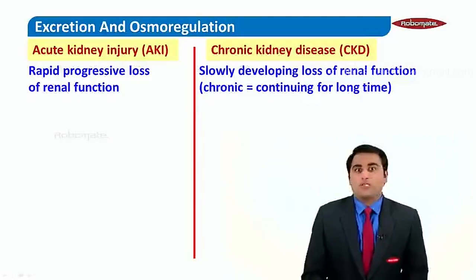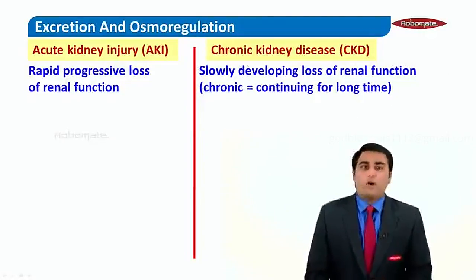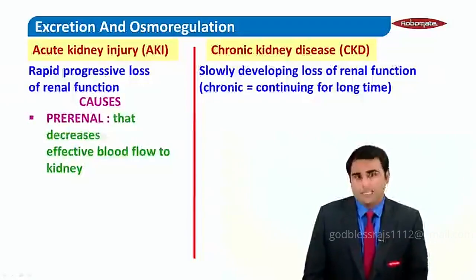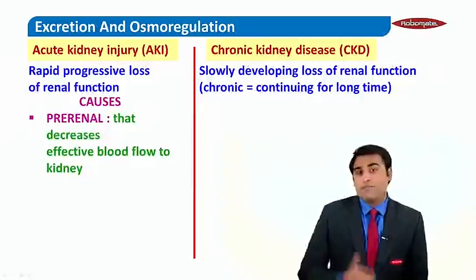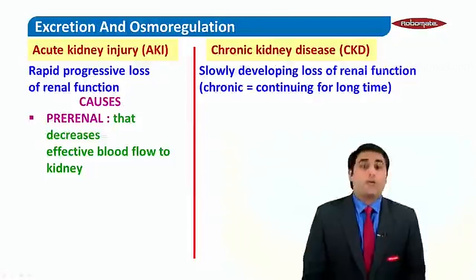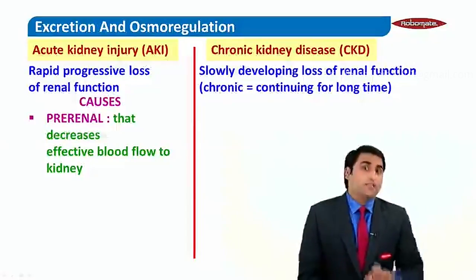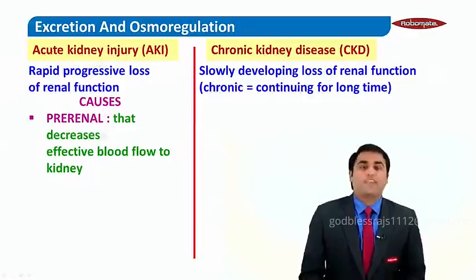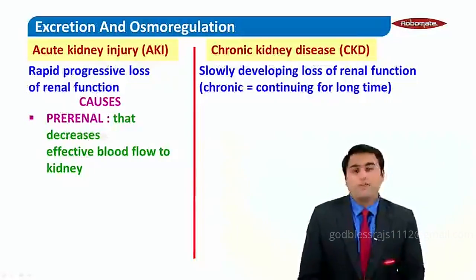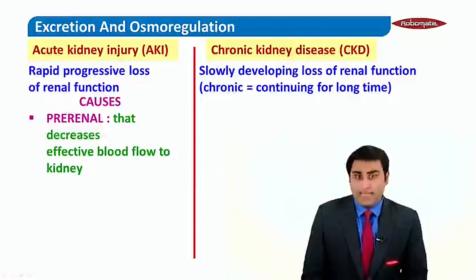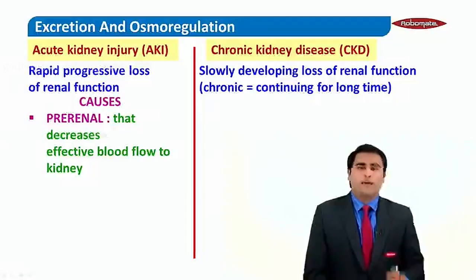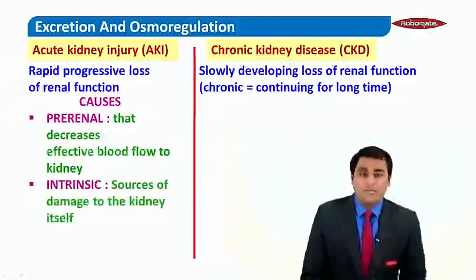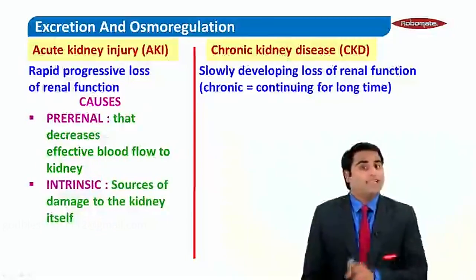Now let's see what are the causes of this disease. In acute kidney injury, the first cause is the pre-renal cause, where the cause lies before the kidney. If there is reduced blood supply to the kidney, the filtration rate will reduce. The glomerular filtration rate would be affected, causing reduced renal function. The next cause is the intrinsic cause, where the cause lies within the kidney itself.